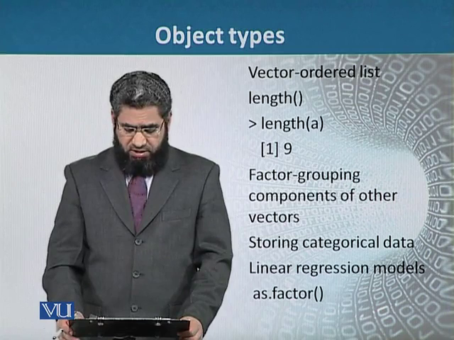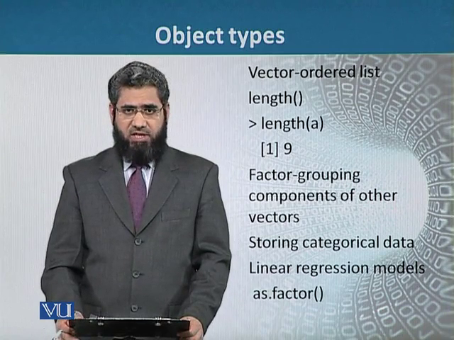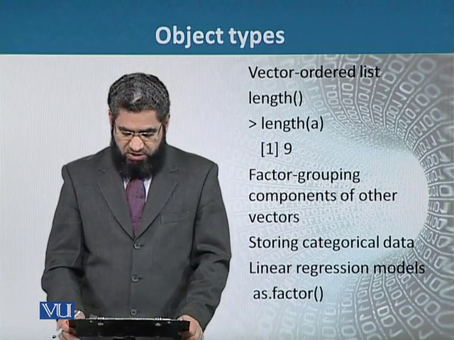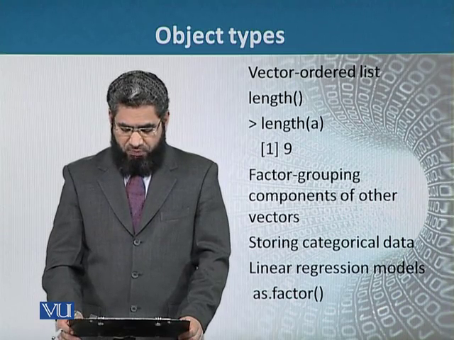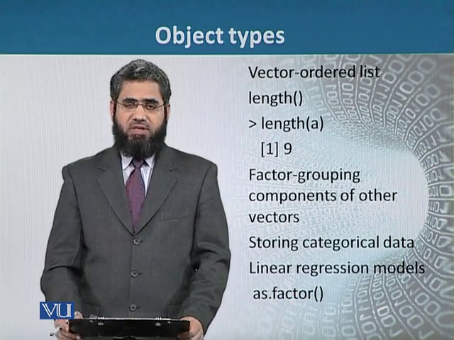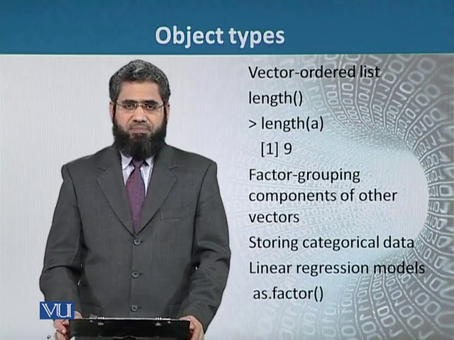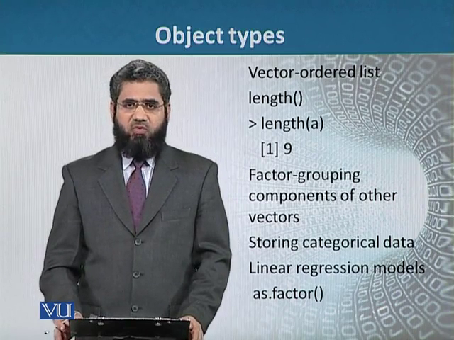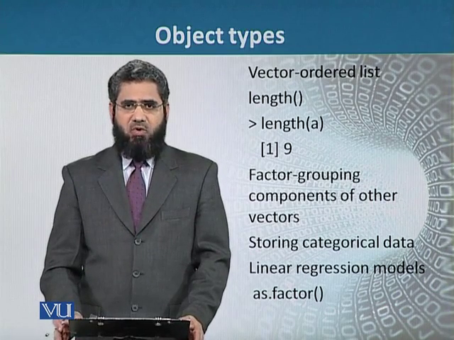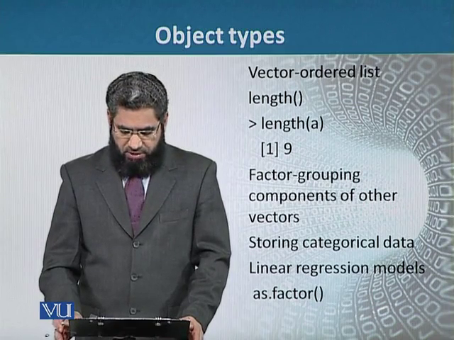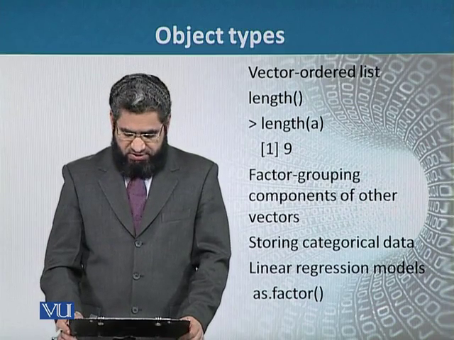Another object is known as the factor. A factor is also a type of vector that is used for grouping components of other vectors. So we can use the function of a factor and regroup different components of various vectors.